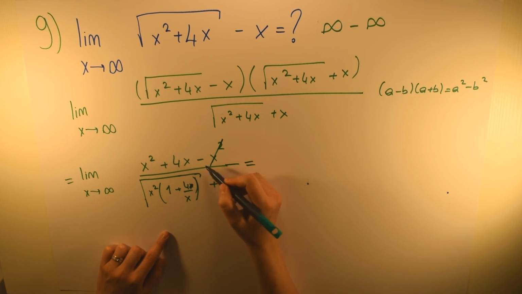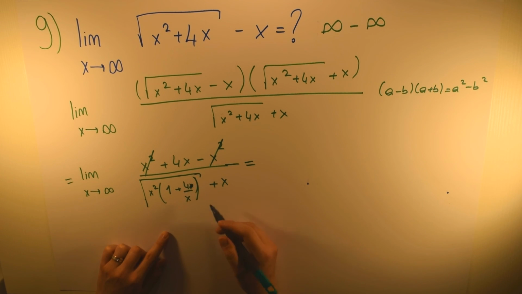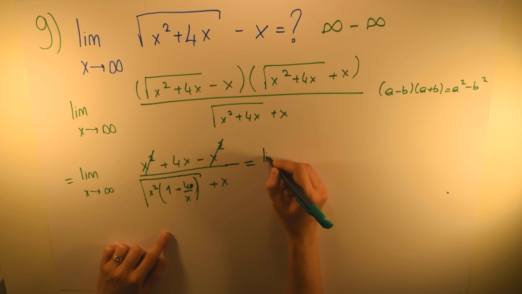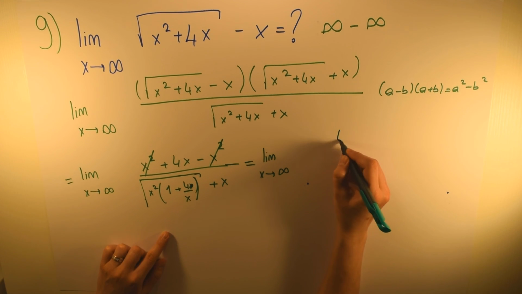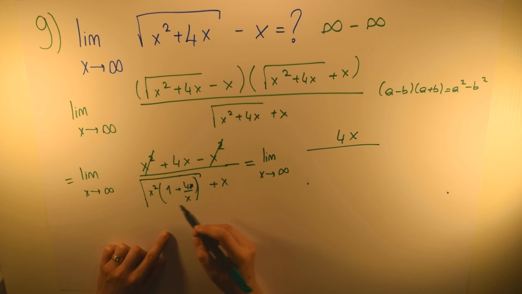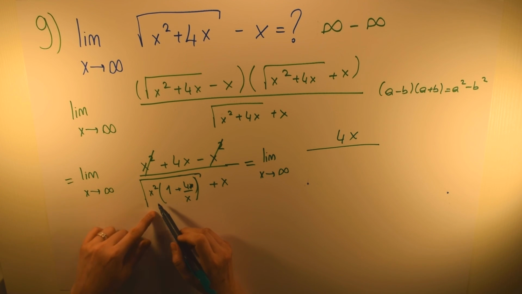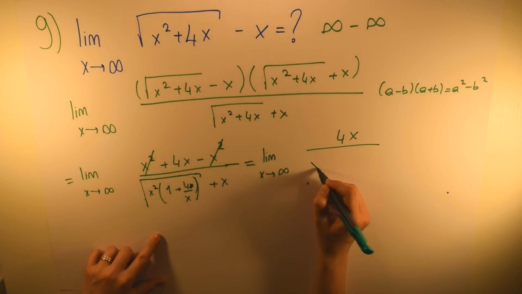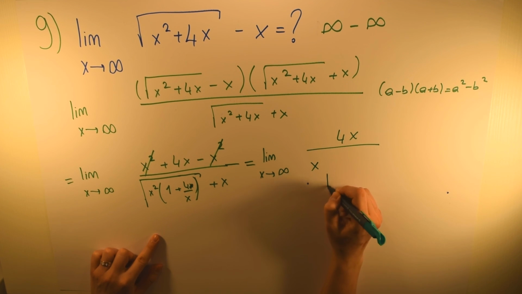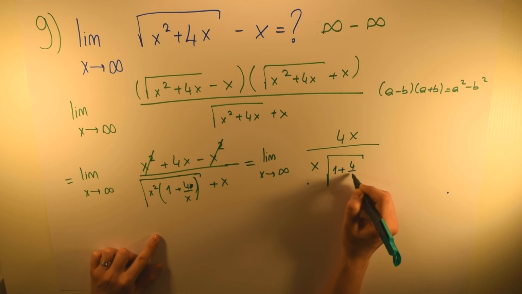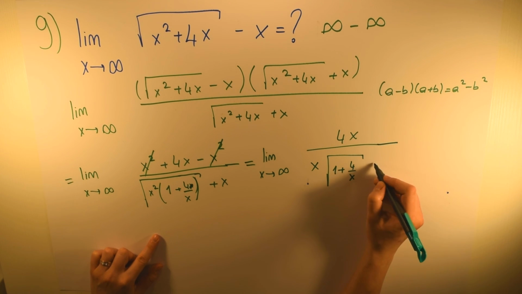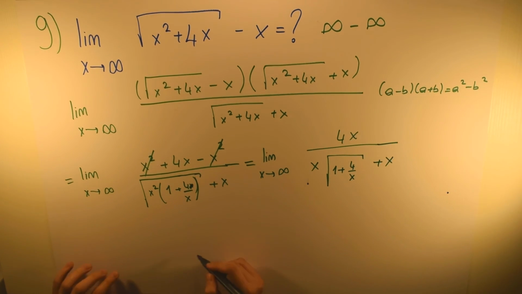Now these x squared cancel out each other, and here we have limit as x approaches infinity. In the numerator we have 4x over here. This x squared goes out as x, right? So it's x square root of 1 plus 4 over x and plus x.